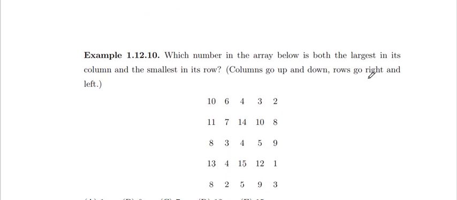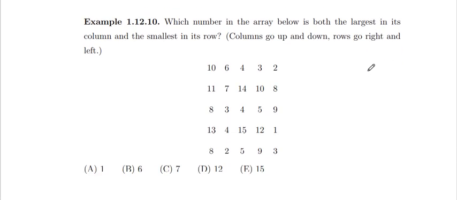So what is the problem? Which number of the array below is both the largest in its column and the smallest in its row? Oh, this is easy. Which number? That number is the largest in the column.